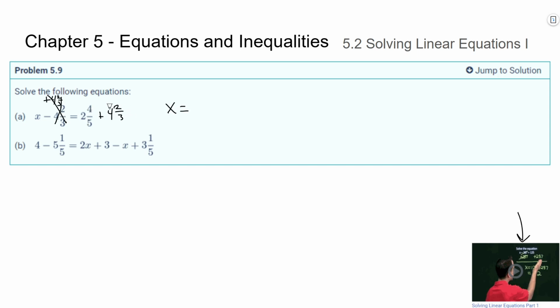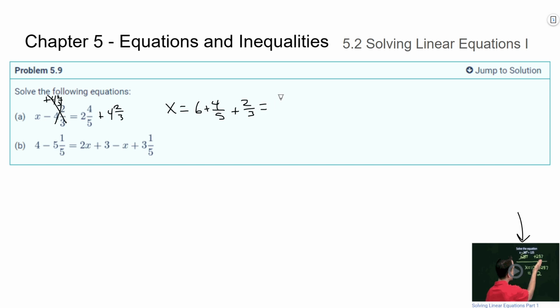All right, so now we have to add these mixed numbers. We can add the integers first. So we'll have 6 plus, and then our fractional parts, we have 4/5 plus 2/3. If you remember how to add fractions, we need a common denominator. So let's just multiply top and bottom by 3 and top and bottom by 5 here.